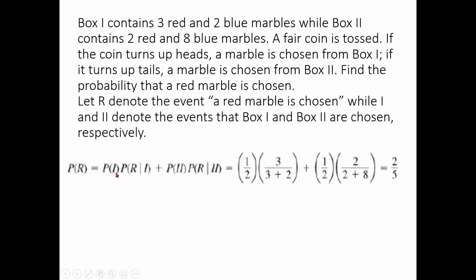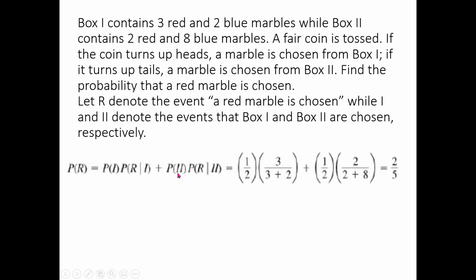Possibility number 1 is that the first box is chosen, so I'm writing P of 1, the probability that the first box is chosen, multiplied by the probability that a red marble is drawn given that the first box was chosen. So this is the first possibility.